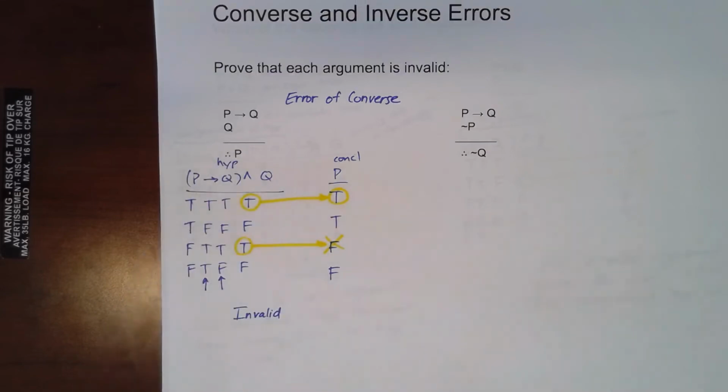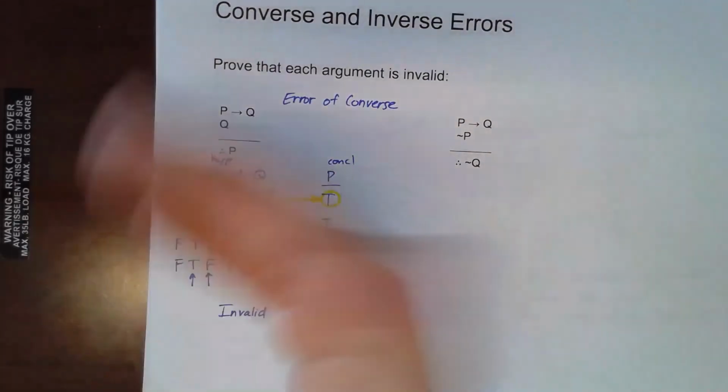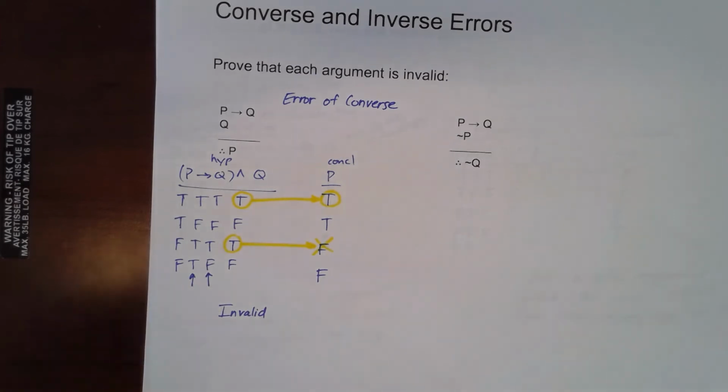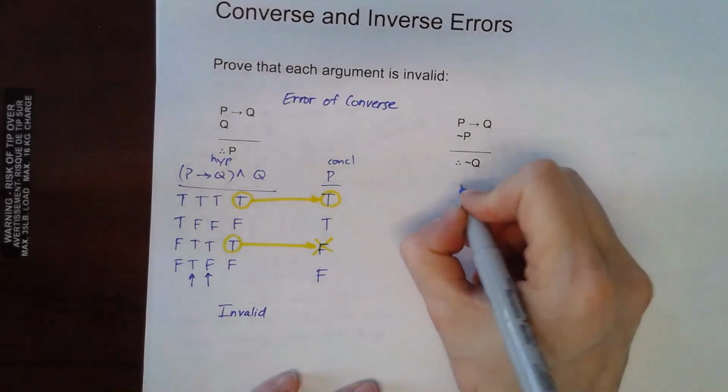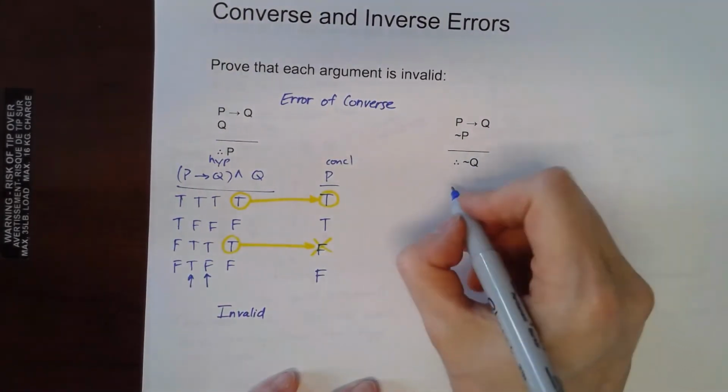Okay, so that's why it's called the error of the converse, because the assumption here, people using this kind of argument, they think that an implication and its converse are the same. They're not. Okay, so that is the error of the converse. Okay, this next one, where we've got P implies Q and not P.